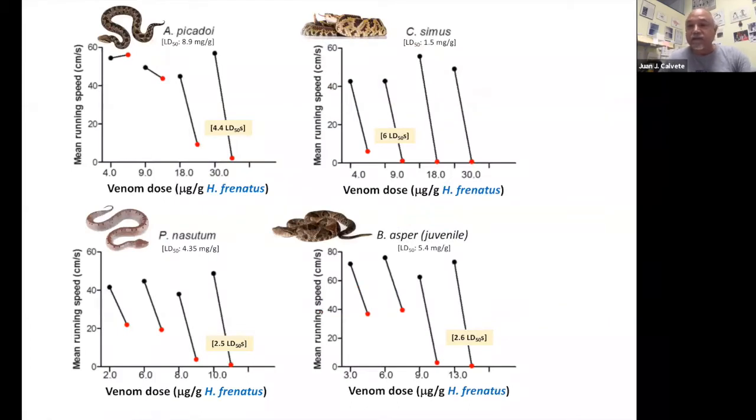But what is the sense of the LD50? The LD50 is, as we saw, the median lethal toxicity. But is this the ecological parameter that has evolved in nature?